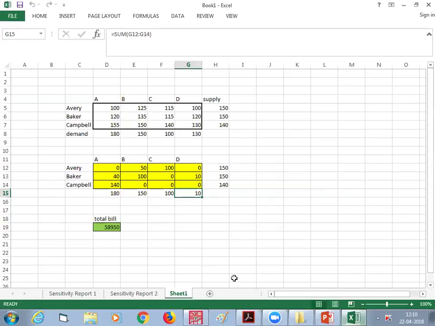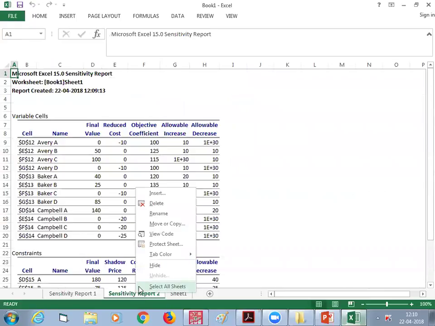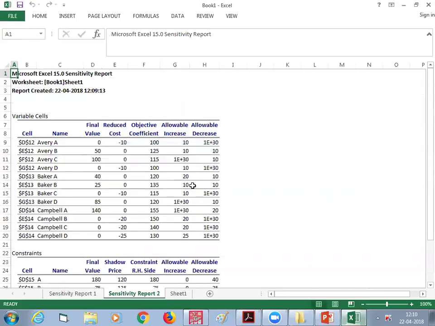All right, shall we try an assignment problem? Oh, by the way, also notice one thing about the sensitivity report. The reduced costs are negative because we're maximizing the profit.